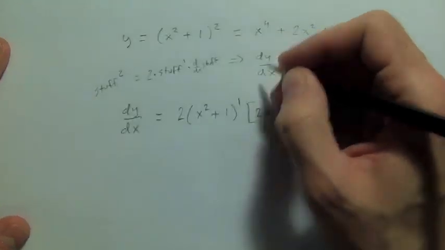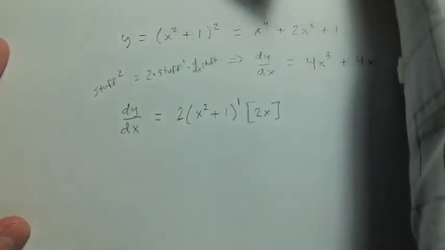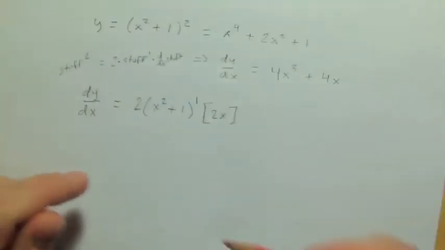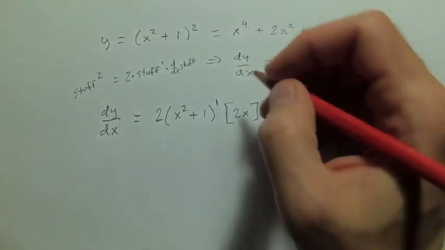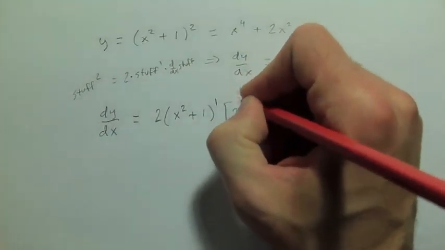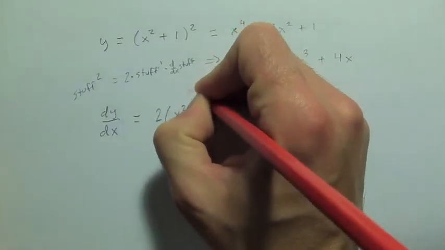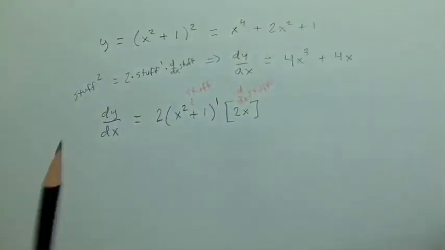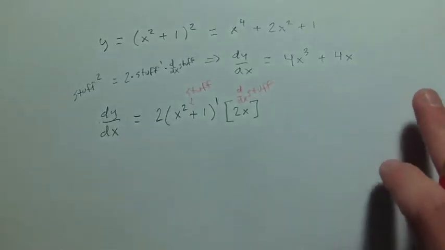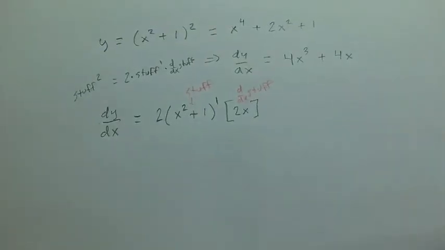So here is the derivative of the stuff. Let me write that out in red. Derivative of the stuff here. And here's the stuff left alone, and it's being multiplied by 2 and being raised to the 1. So we're just applying the power rule, but to something a little more complicated.